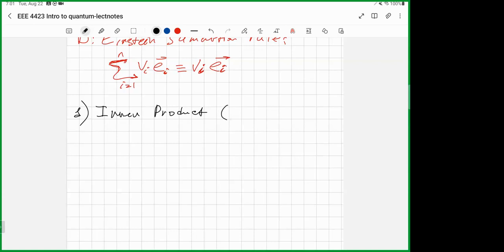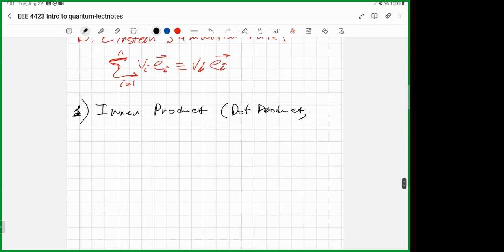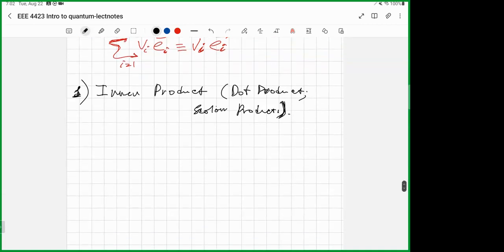We will consider 3 types of products, number 1 being the inner product, also known as the dot product, and also known as the scalar product. So the first one is the inner product.